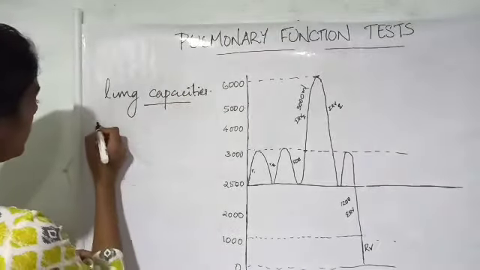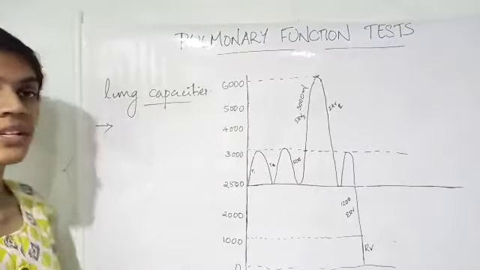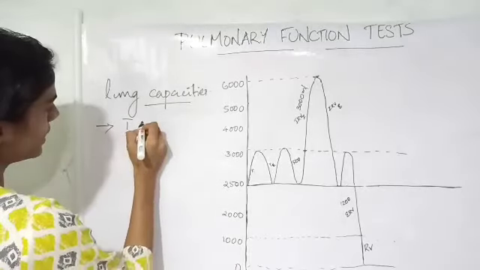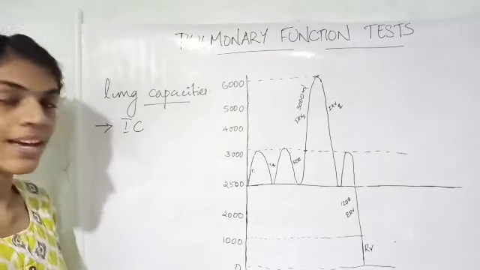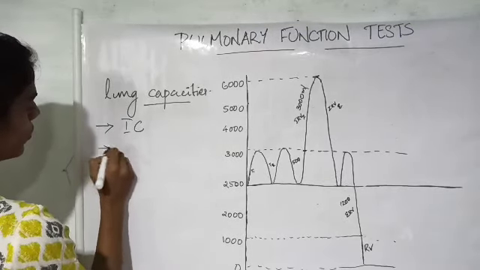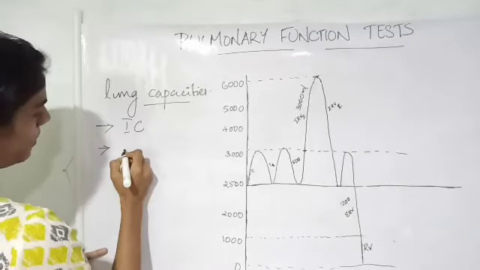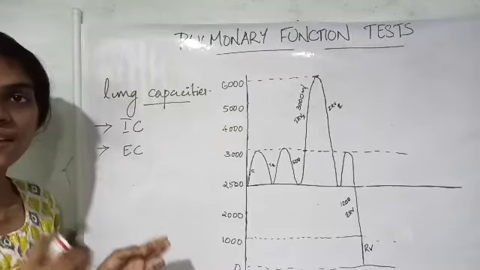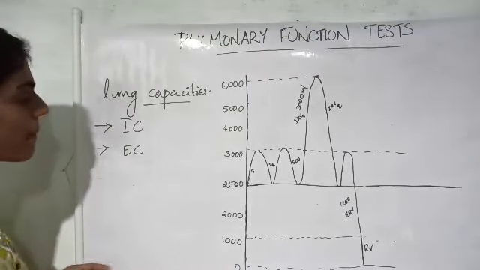There are different lung capacities. First one is the inspiratory capacity, IC. The second one, obviously, is expiratory capacity, EC.